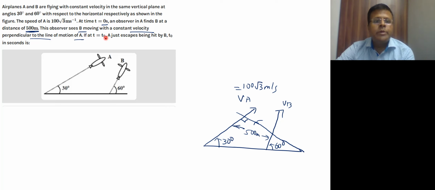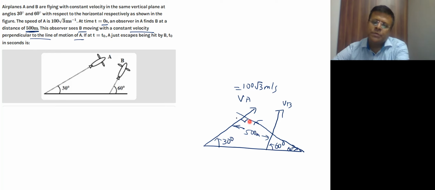Now at time t equal to t naught, A just escapes from being hit by B. So in that particular case, what is the time t naught in seconds? That is what has been asked here. So if I say that this is 90, this is the 60, 30, then this angle, you can see this triangle will be 60 degree.